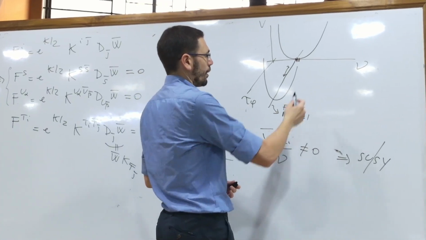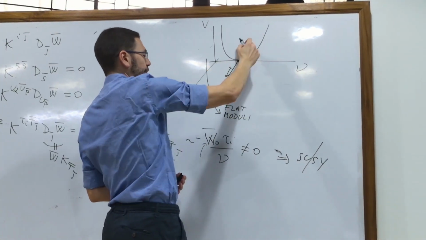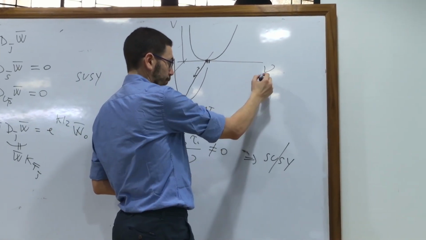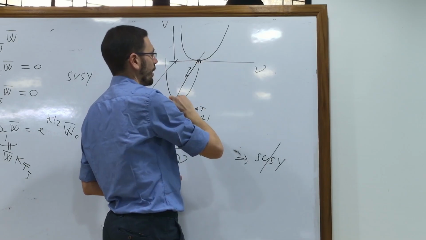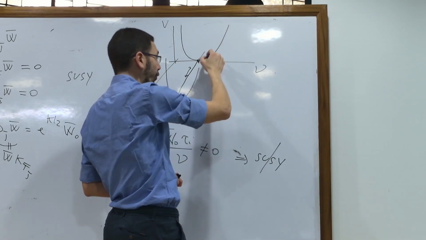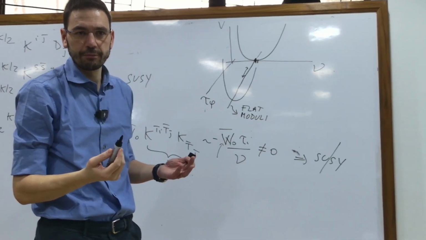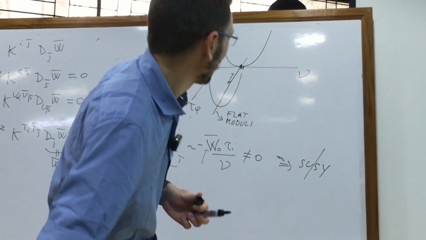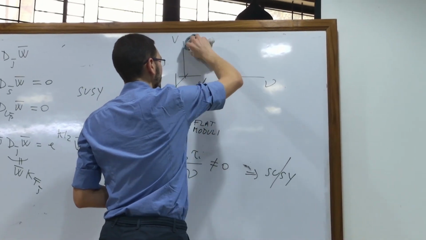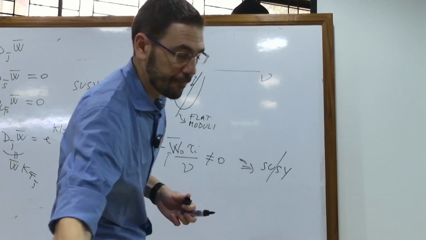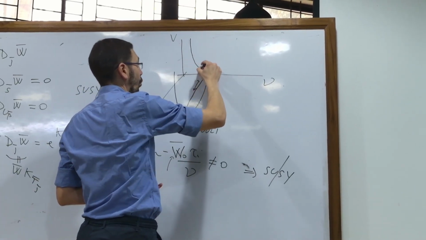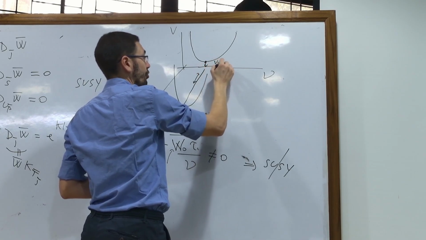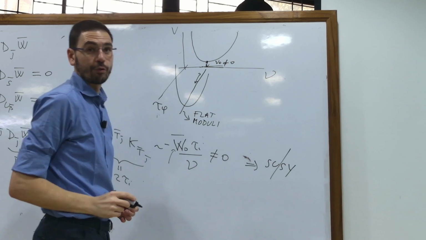If at leading order, I lift only the volume but not this guy, then if I have a contribution to the scalar potential which is just a function of the volume, once the volume reaches its minimum, it becomes a constant. In this example, this constant is exactly 0, which will not work. So what we have to do is consider a situation where once I stabilize the volume, I remain with some V0 that is different from 0, which is positive, right?